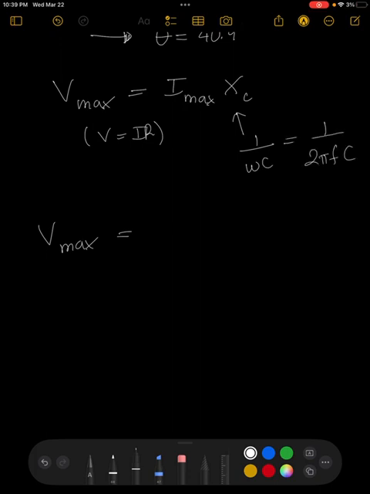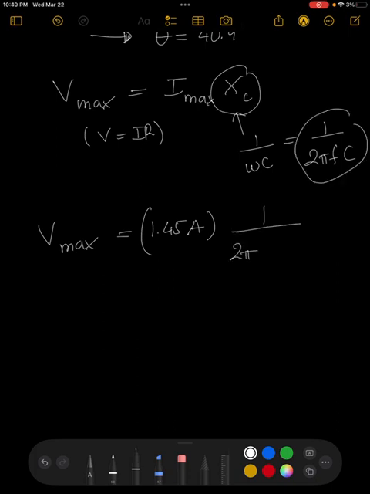Okay, so our Vmax is going to be Imax, 1.45 amps, multiplied by XC, which is this, right? 1 over 2 pi, 60 hertz, multiplied by 34.0 times 10 to the negative 6 farad.